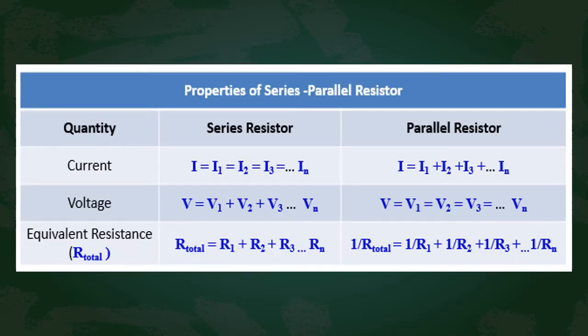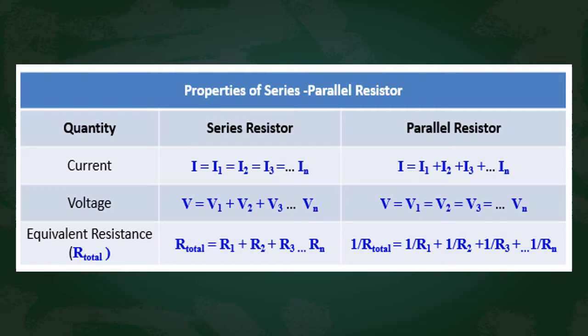So just a summary, you have here the resistors in series and resistors in parallel. When resistors are connected in series, the current that flows through each of the resistors will be the same. However, if it's connected in parallel, the total current will be equal to the sum of all of the individual current that flows through each of your resistors.